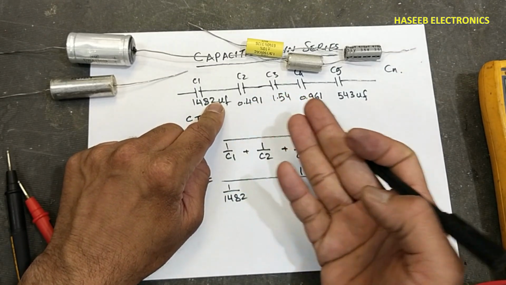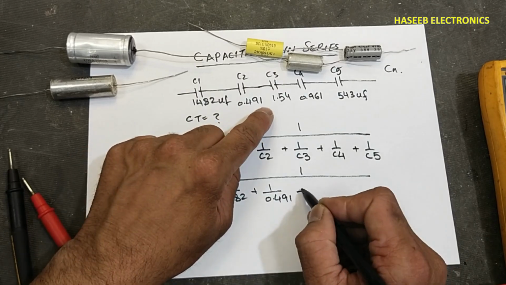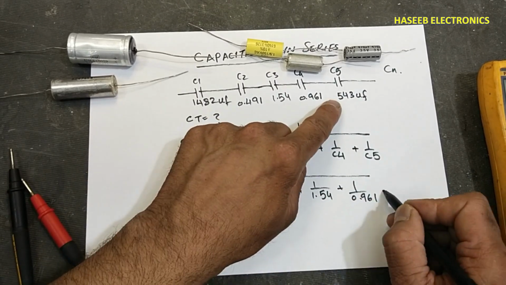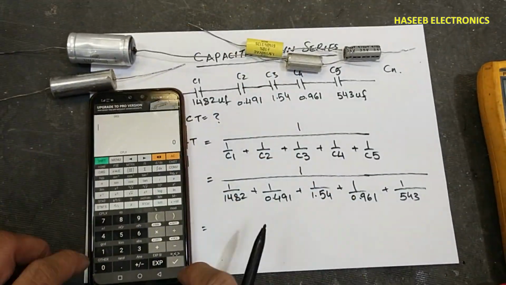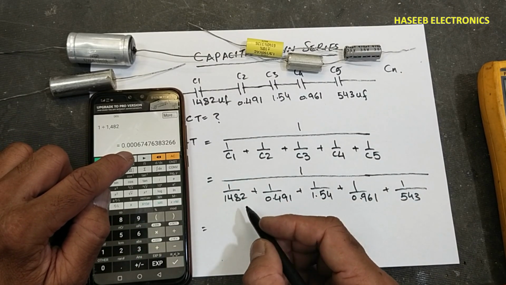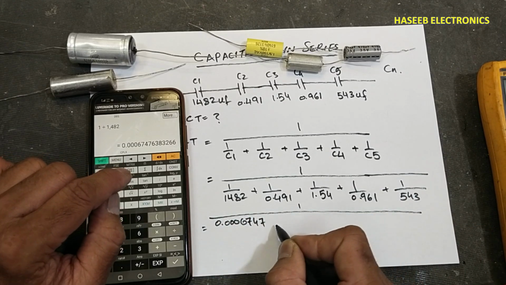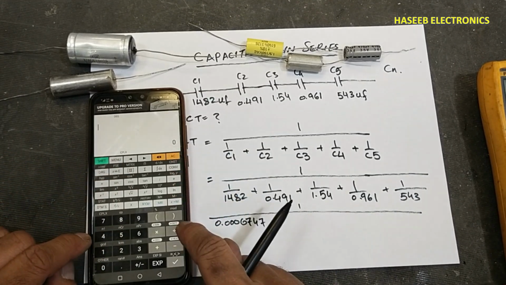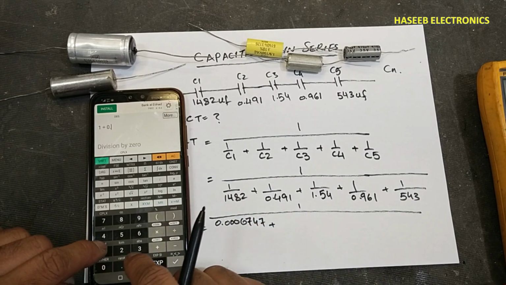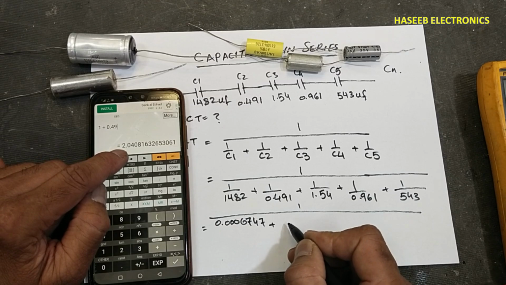If any unit is other than microfarad, we will convert it. 0.0006747, plus 1 divided by 0.491, it is 2.04.